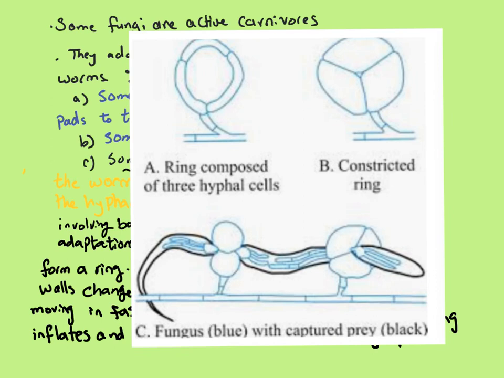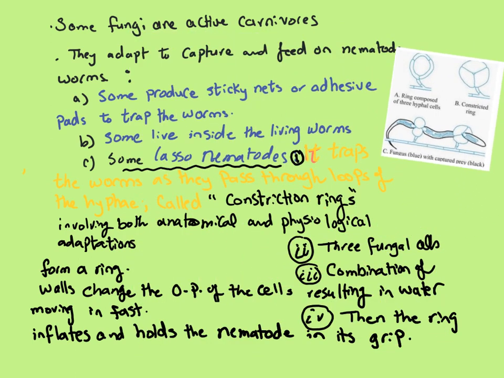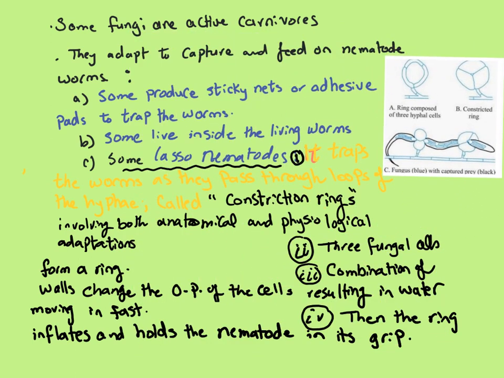You can see here the nematode, which has been captured or trapped in the ring constructed from the fungus. Of course, it's a very strange behavior, which is very uncommon.